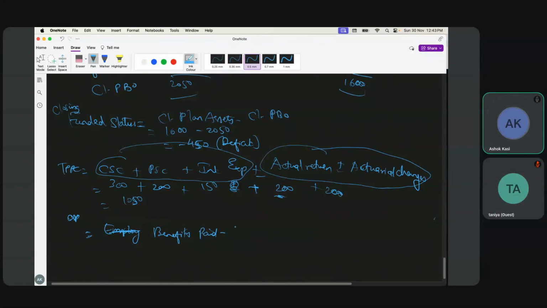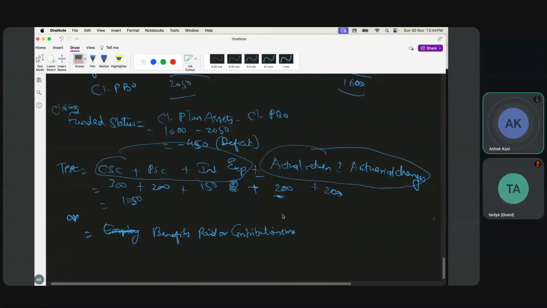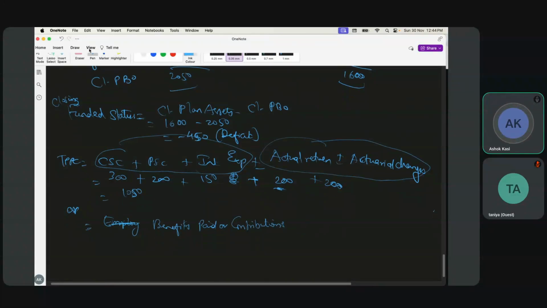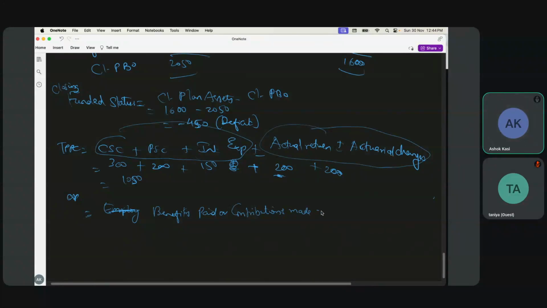Benefits paid or contributions made, minus closing funded status, minus opening funded status.